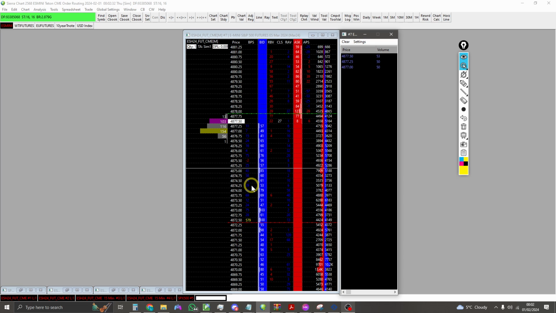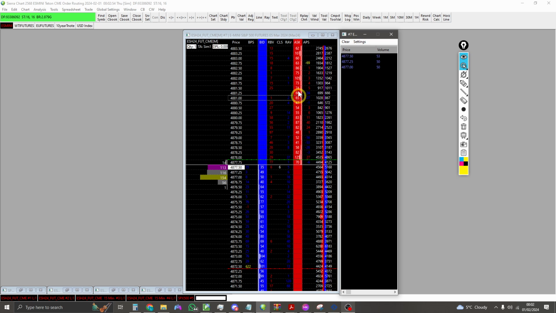So on the bid, if this is increasing, so the blue for the bid is a sign of strength. If this is increasing, then more orders are increasing on the resting side. And then on the ask, if this is decreasing, then it's a negative from there.